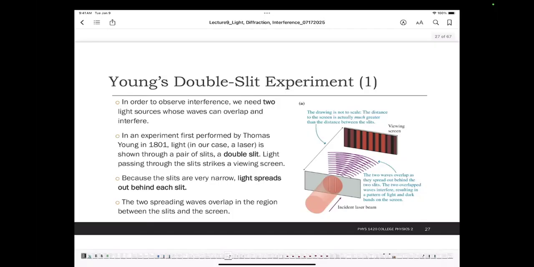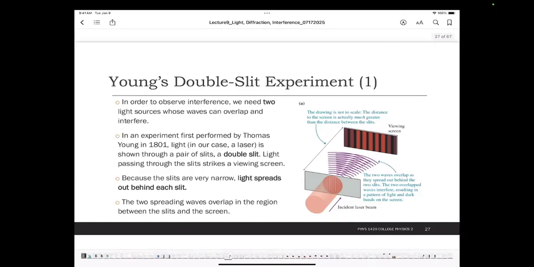In order to observe interference, we need two light sources whose waves can overlap and interfere. Yes, it makes sense. If we want to learn about interference, we need two light sources. In an experiment first performed by Thomas Young in 1801, light, in our case a laser, is shone through a pair of slits.